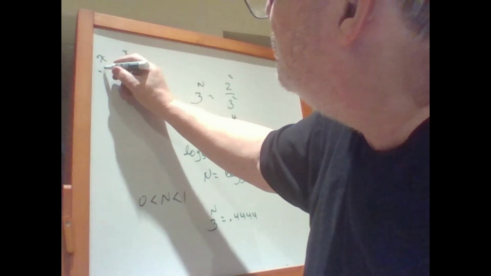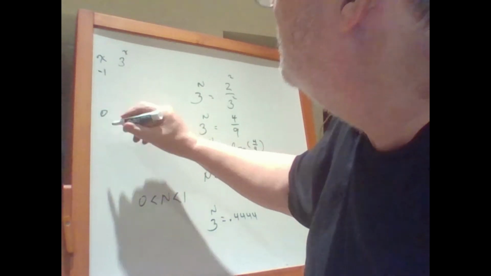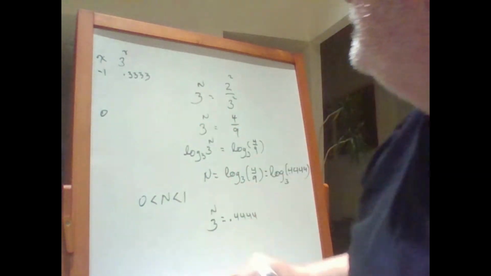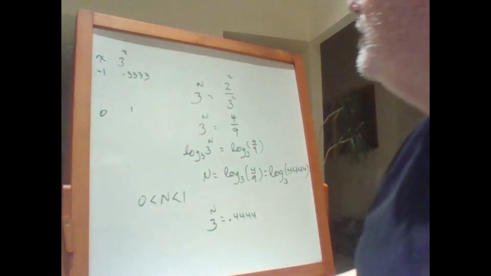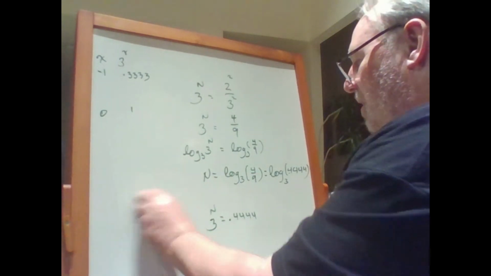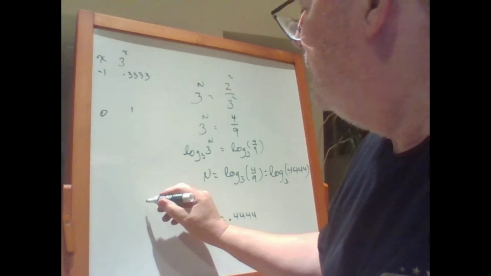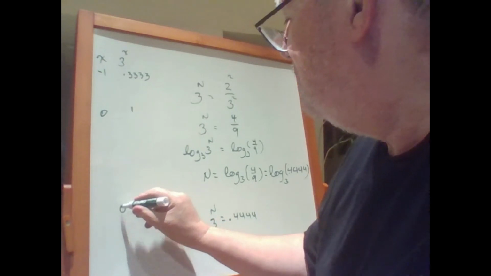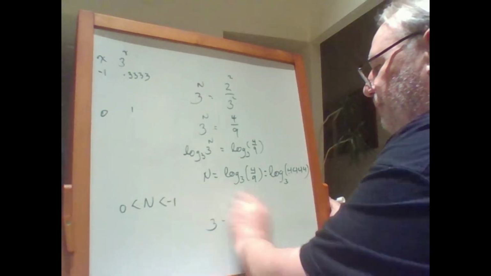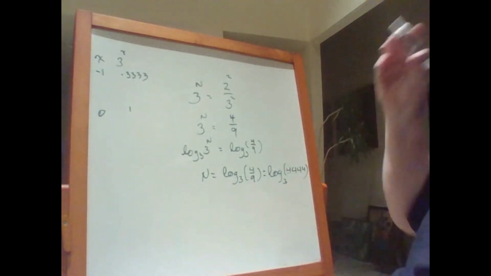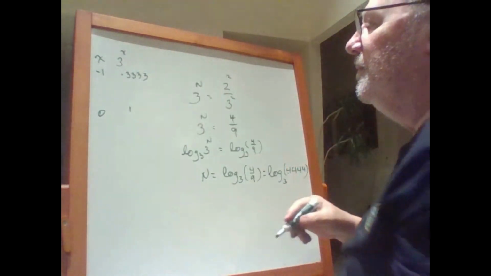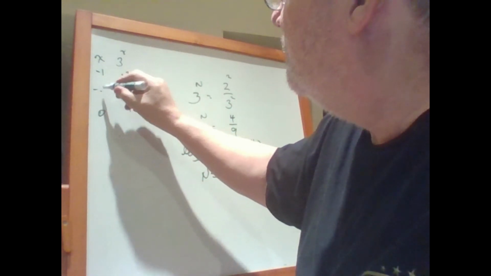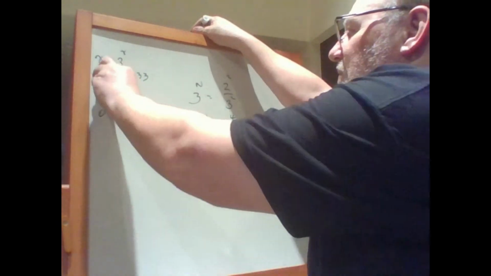So it's between minus 1 and 0. 0.3333 is at minus 1, and 1 is at 0. So n is between -1 and 0, and we've got to find a value. Let's try -0.5, or -1/2.